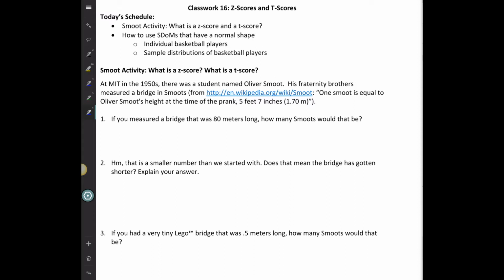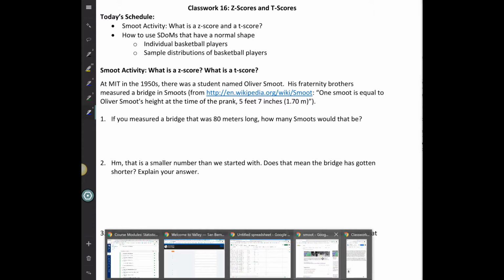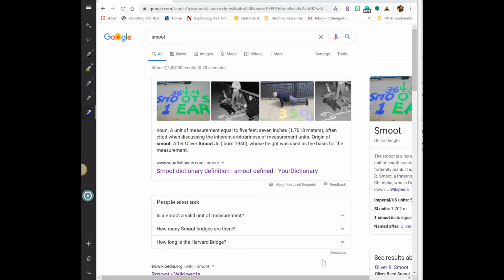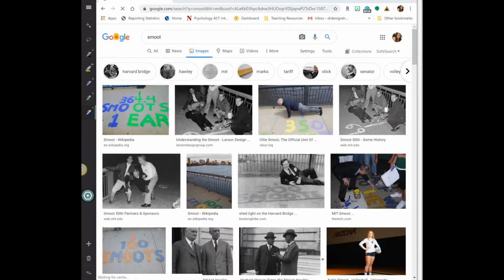Now, like I said, this is a true story. So we can see if you go to Google and type in Smoot, you can find out more about this, I don't know, odd story. You also see pictures of Oliver Smoot himself while they're measuring the bridge during this prank.